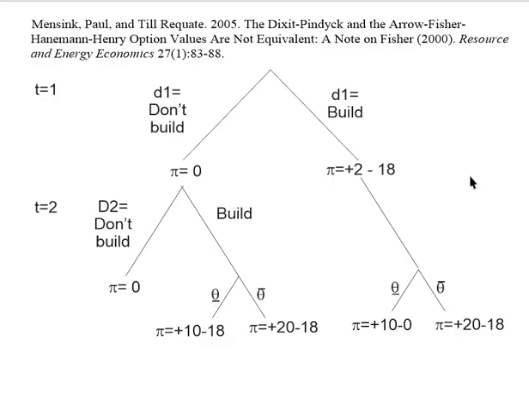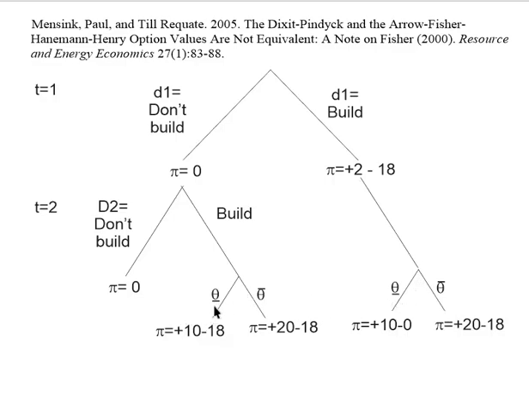The choices are to either not build in period 1 or build it in period 1. Then you go to period 2, in which case if you haven't built it, you still have the additional choice to build or to not build. If you've built it, then you don't have any choices in period 2. But the payoffs in period 2 are uncertain.